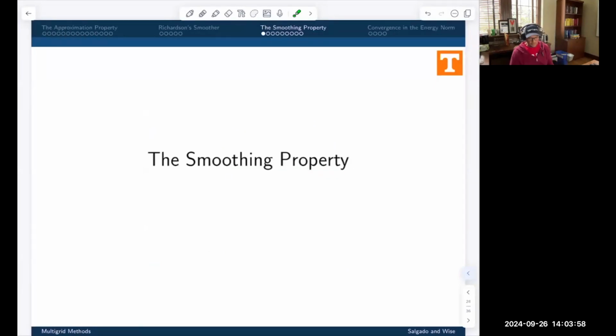All right, so now the next concept is the smoothing property. Now that we've changed the smoother, we have the approximation property. The smoothing property tries to quantify the error reduction associated with smoothing, but in these so-called Sobolev or energy norms.